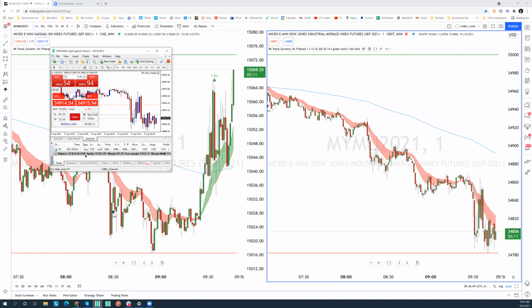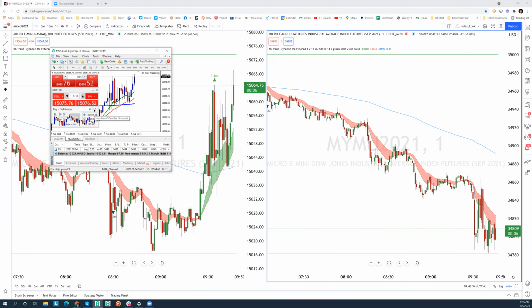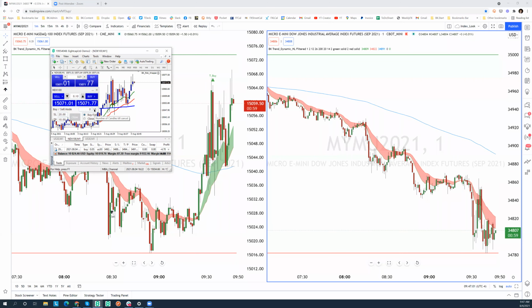Nasdaq is starting to go towards the session highs. Let's see what it does at around the 72, 73 level. That's going to be about 83 on the CFDs.